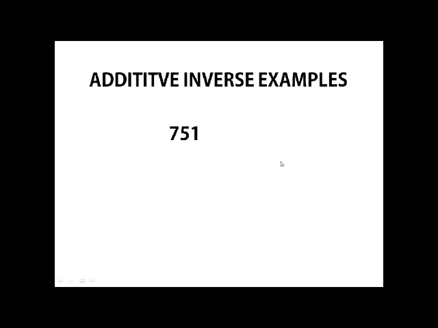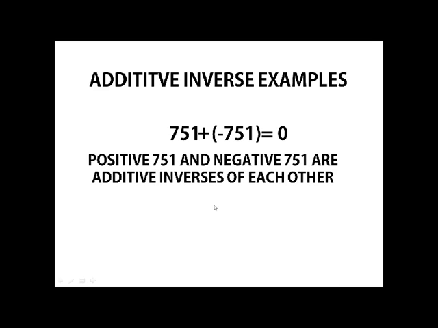Here's some examples. If I have 751, what do I need to add to 751 to equal 0? Well, I would need to add negative 751. This is because positive 751 and negative 751 are additive inverses of each other.